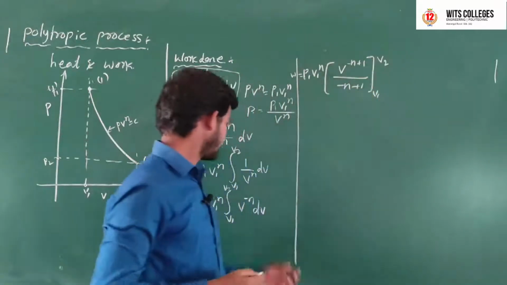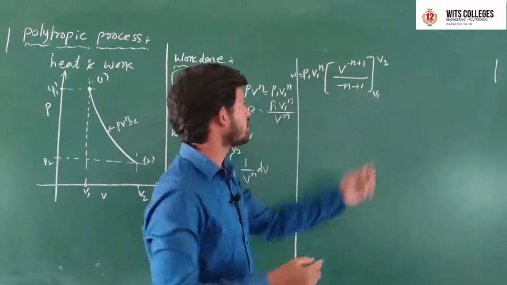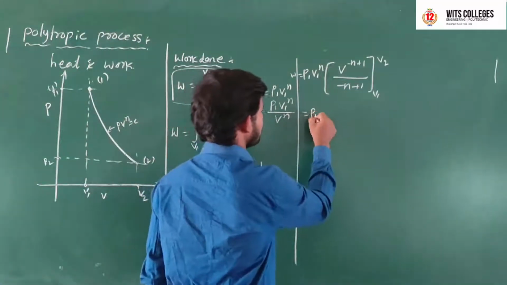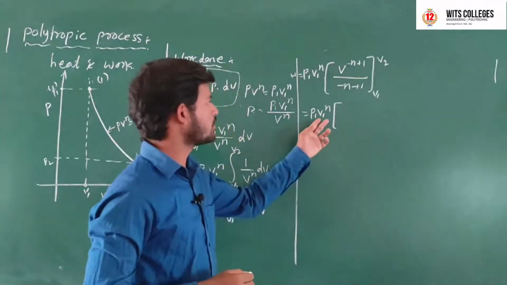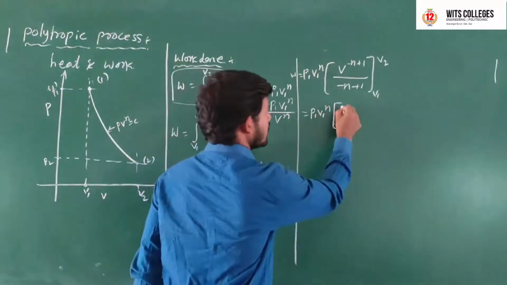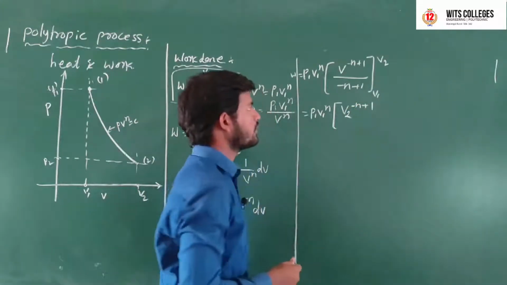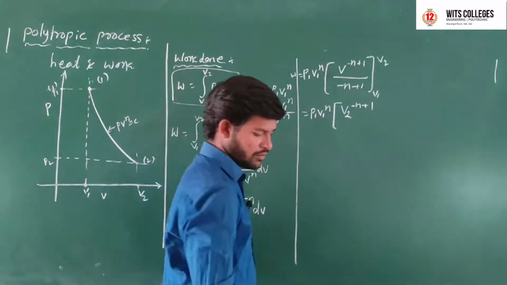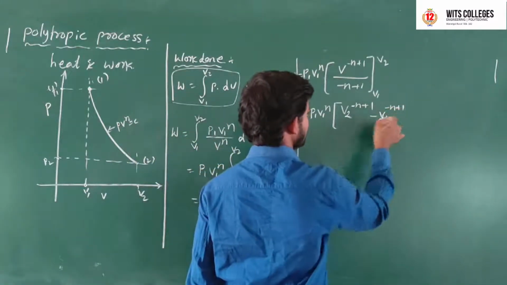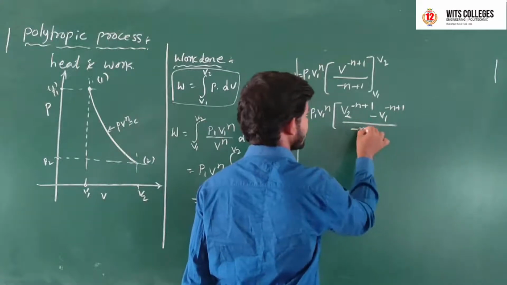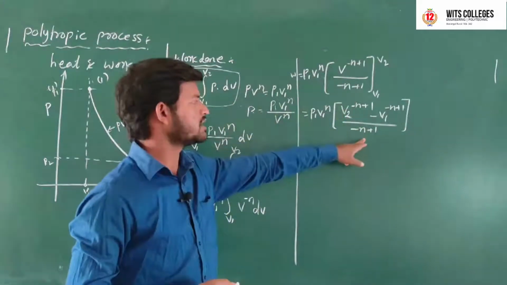The integration of V to the power of minus n is obtained like this. So we can write P1 V1 to the power of n into V2 to the power of minus n plus 1 minus V1 to the power of minus n plus 1, divided by minus n plus 1. We write the formula in this form.